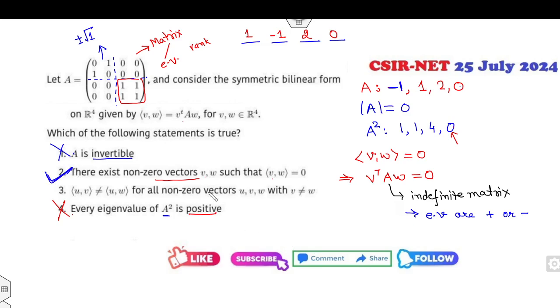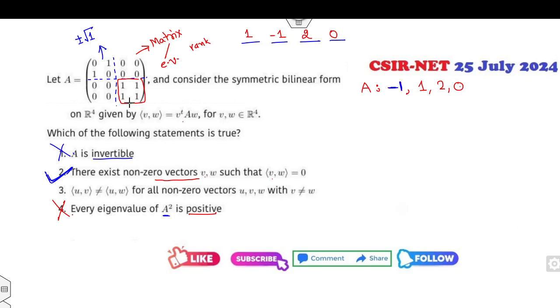Now look at the third option. Your target is to find that if V is not equal to W, then the two expressions are not equal. For all non-zero vectors, I can choose the easiest one. This is my easiest one. Now I can find the left hand side.